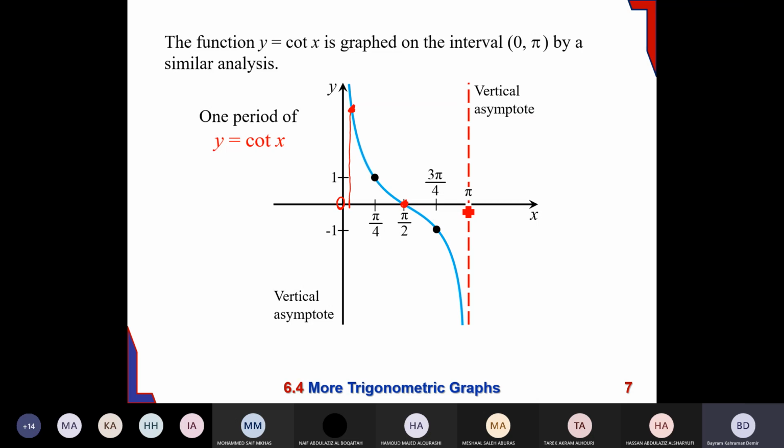And similarly, if you get closer to pi, the cotangent value will get negative and smaller numbers. So it just goes down to negative infinity. That is what happens if you get closer to an asymptote, Shabab. So that is the image.